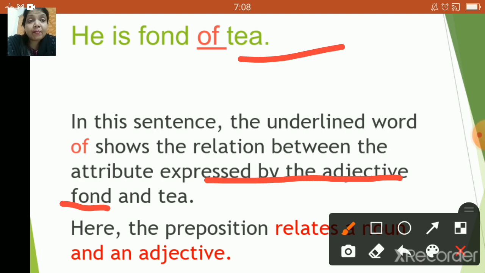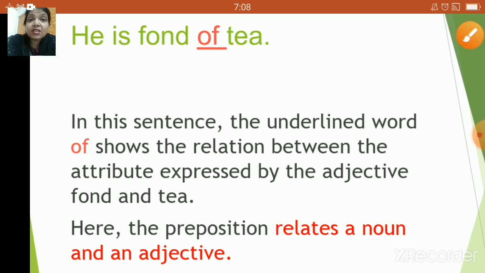So this particular sentence is telling us the relation between the adjective of fond and tea. So while expressing this relation, we have used a word which is of, and that is the reason over here this particular word is a preposition. So here the preposition relates a noun and an adjective. All right. So in this way, children, it becomes very easy to identify the preposition.